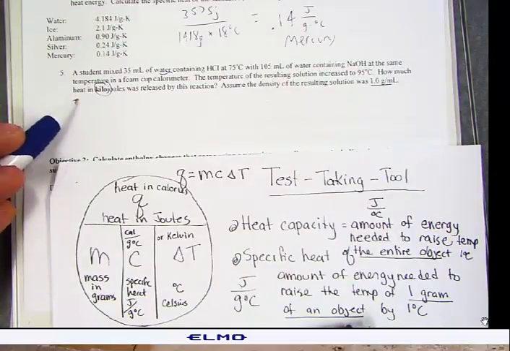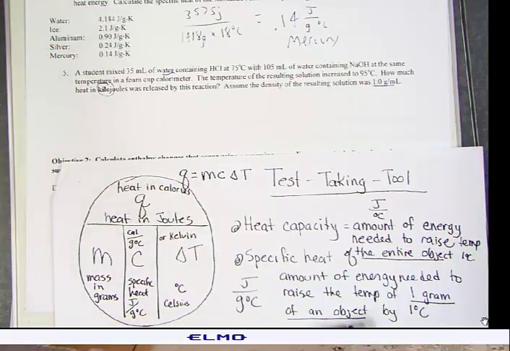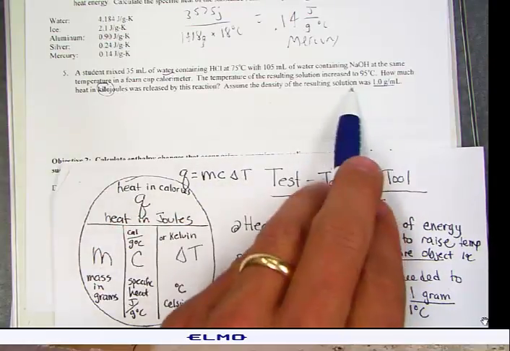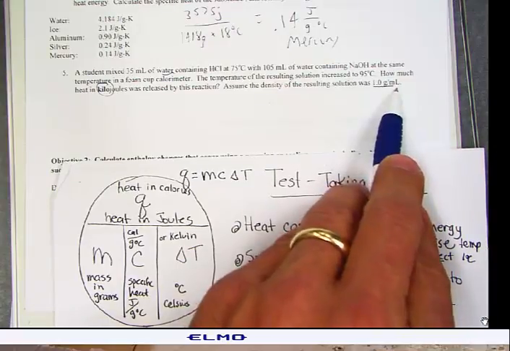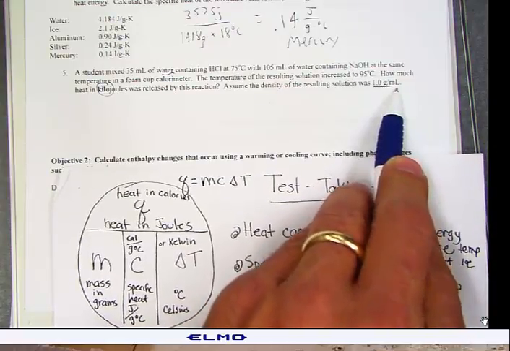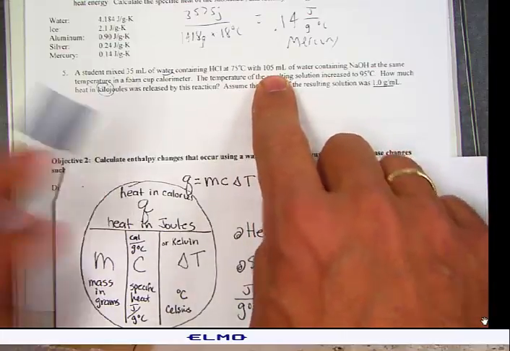We're after heat. Heat is mc delta T. They don't tell us any masses, but what they tell us is the solution is going to have a density of 1 gram per milliliter. So however many milliliters there are, that's how many grams we have. 35 plus 105 is 140.